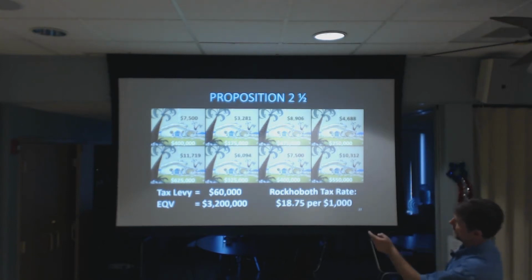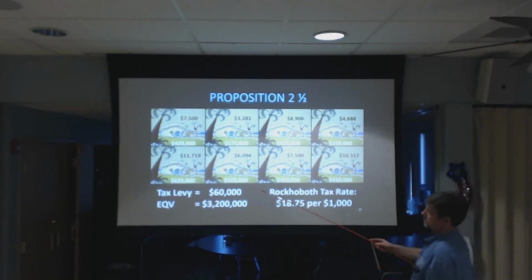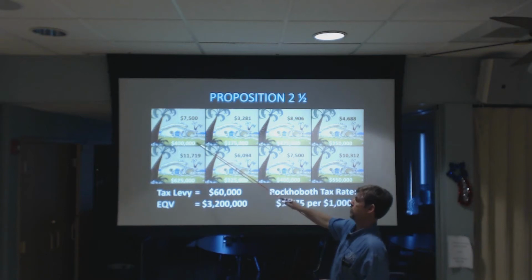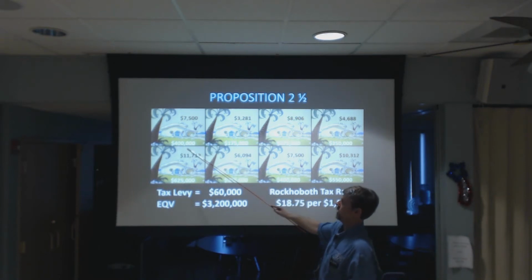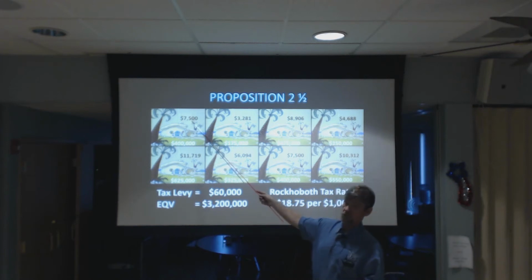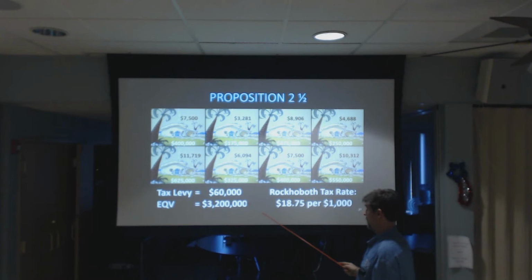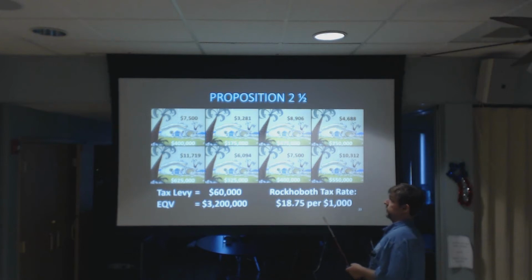So for these people that live in Rockhovet, this guy over here, or woman who owns this house at $400,000, is going to pay $7,500 in property tax. 400,000 divided by 1,000 multiplied by 18.75 gives you $7,500.